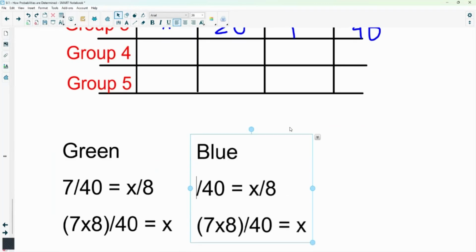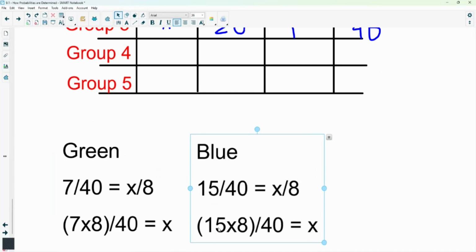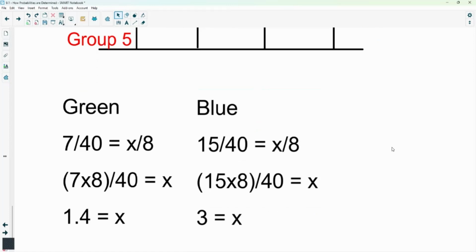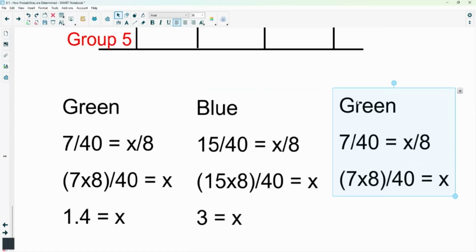They have 15 blue. 15 out of 40 equals to x over 8. And then we're going to do 15 times 8 divided by 40. You're going to get 3. So definitely there were 3 blues in that bag that was created at random and you did not see. So the person doing it did not see it.